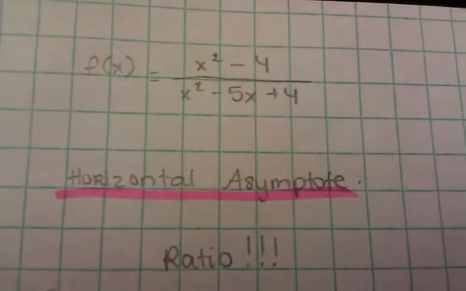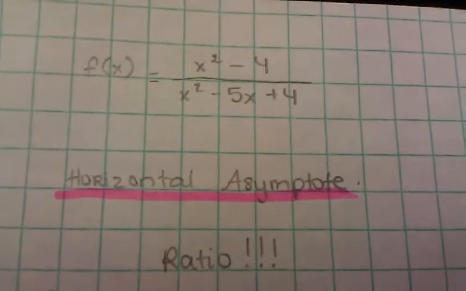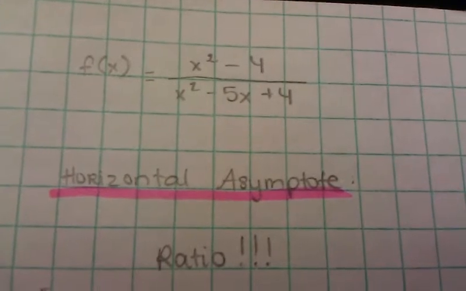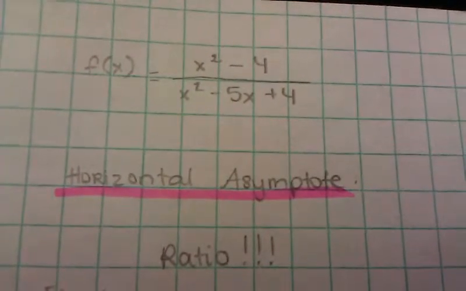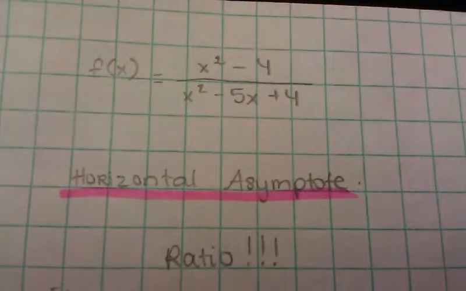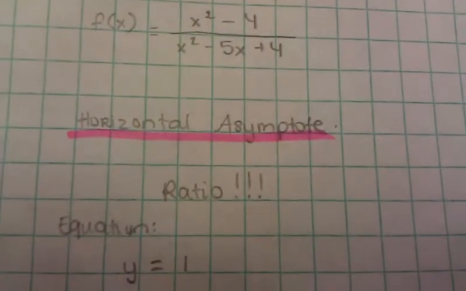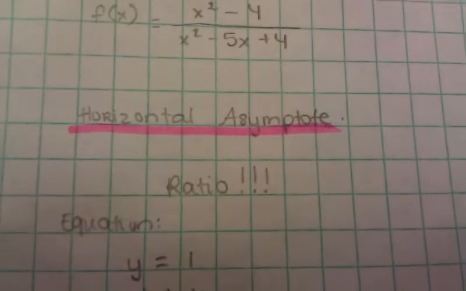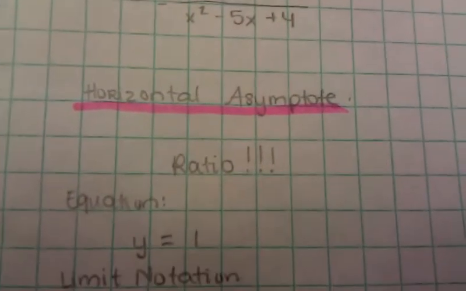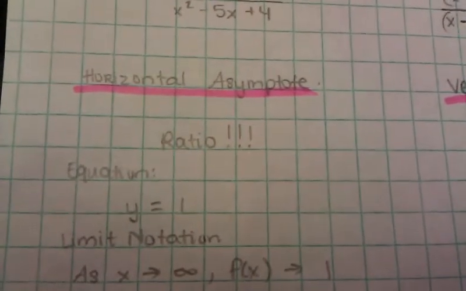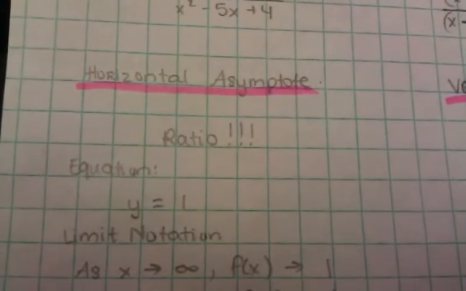So it will be a horizontal asymptote, and same degree means ratio. The ratio of top and bottom is 1, because that is the invisible number 1 standing next to the x. So the equation will be y equals 1. The limit notation is as x approaches infinity, f of x approaches 1.